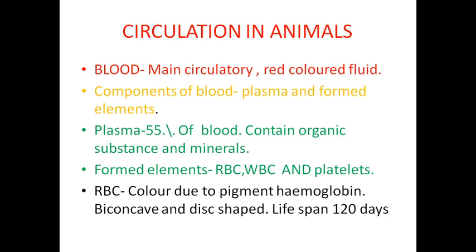The second component is called formed elements. The formed elements are of three types: RBC, WBC and platelets. RBC is red in color due to the respiratory pigment called hemoglobin. Its shape is biconcave and disc shaped. The lifespan of the RBC is 120 days.